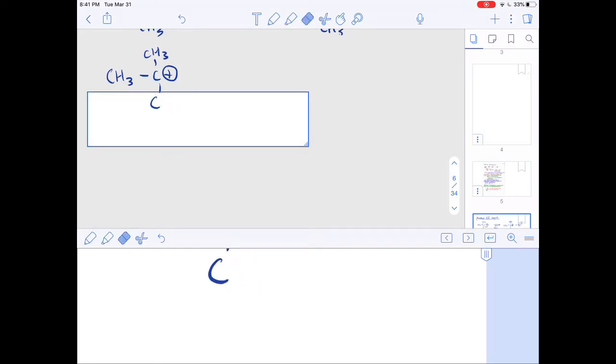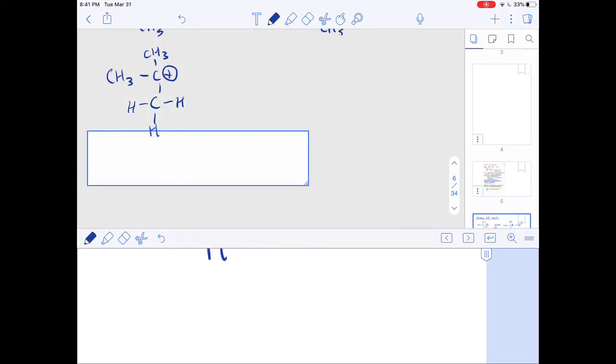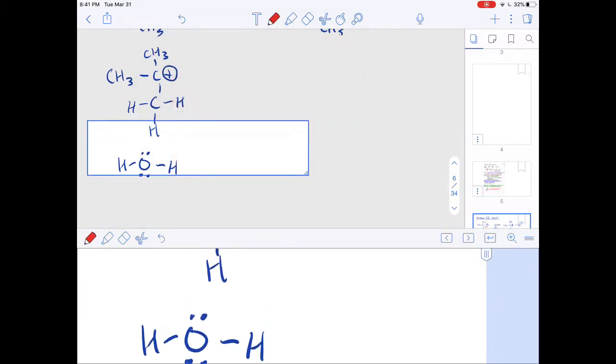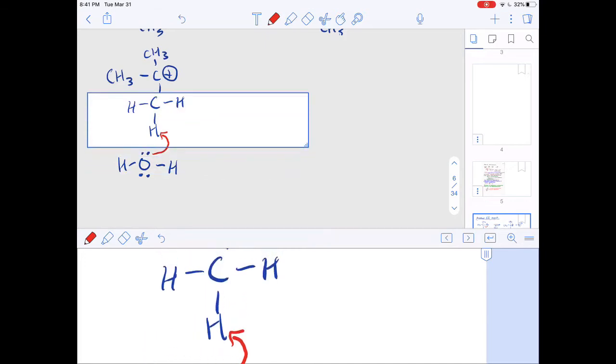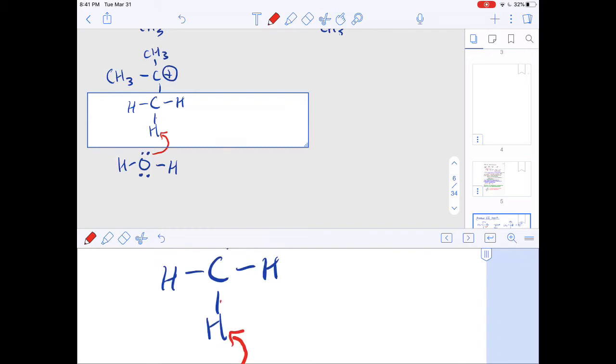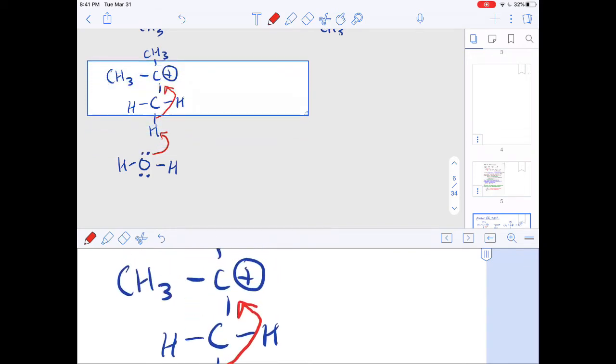So actually, let me redraw this. And then H2O is going to come. So the electrons from the O are going to come and pull off this H, and then the electrons from the single bond are going to form a double bond up here.